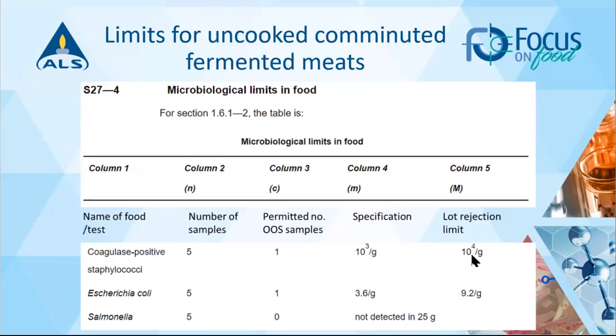No sample can return a result of greater than 10,000 CFUs per gram though. And looking at the bottom, salmonella, when 5 samples are tested, each has to be not detected in 25 grams.